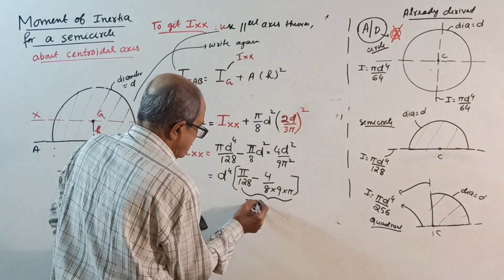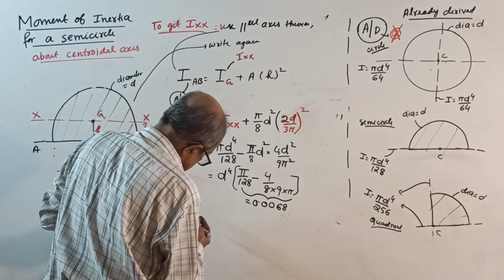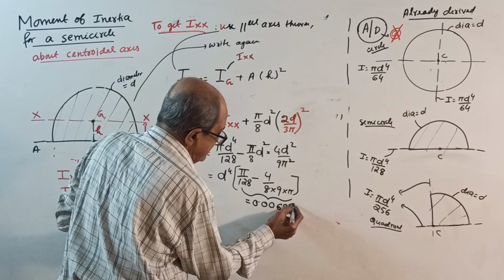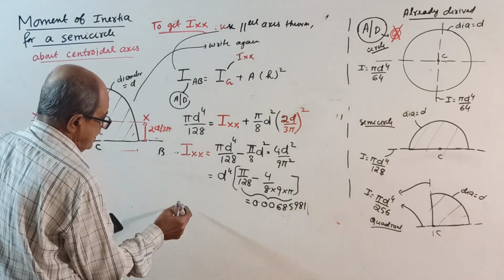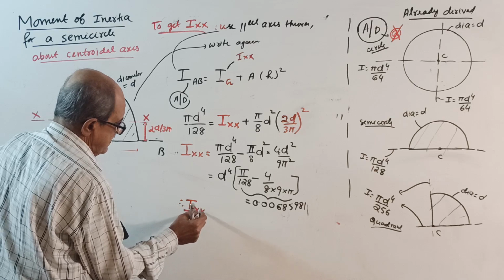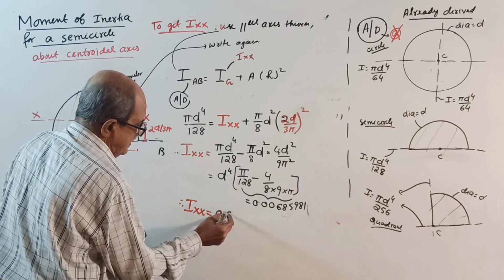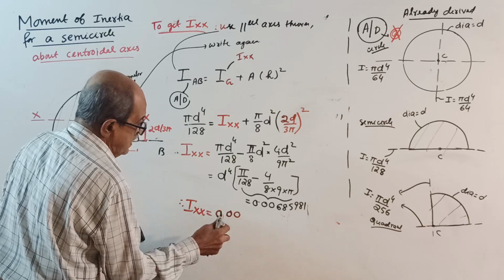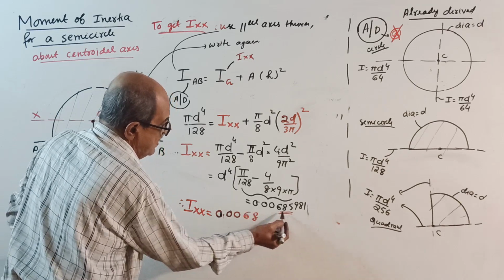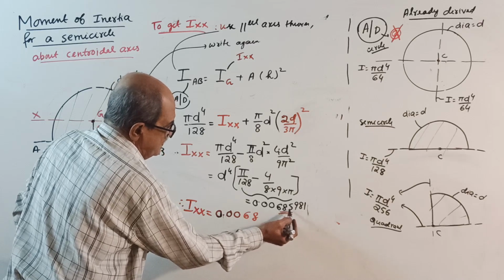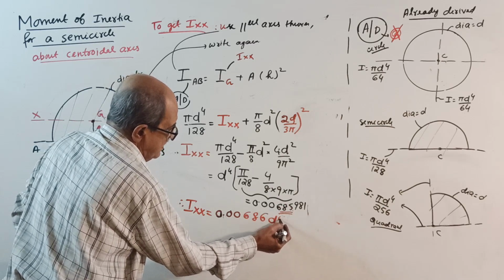This number is 0.0068 5981. Therefore, IXX equals, the popular number is 0.00... usually people write three numbers, which is sufficient here: 0.00686 d power 4.